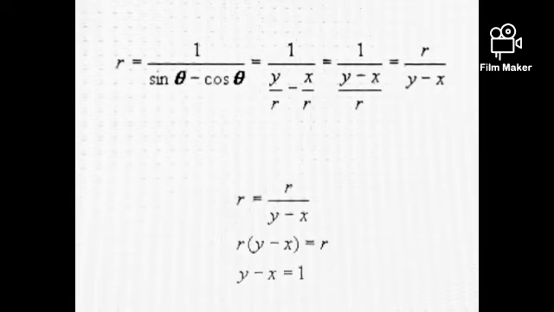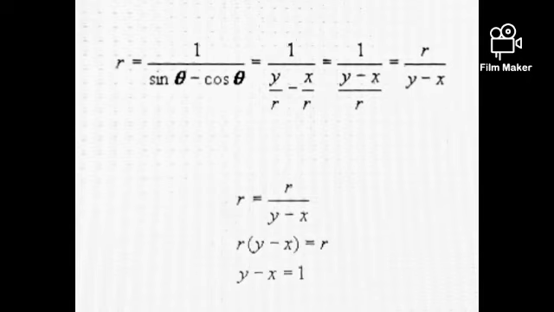Thus, we simplify the complex fraction 1 over (y minus x) over r by multiplying 1 by the reciprocal of (y minus x) over r. And we get r over y minus x.